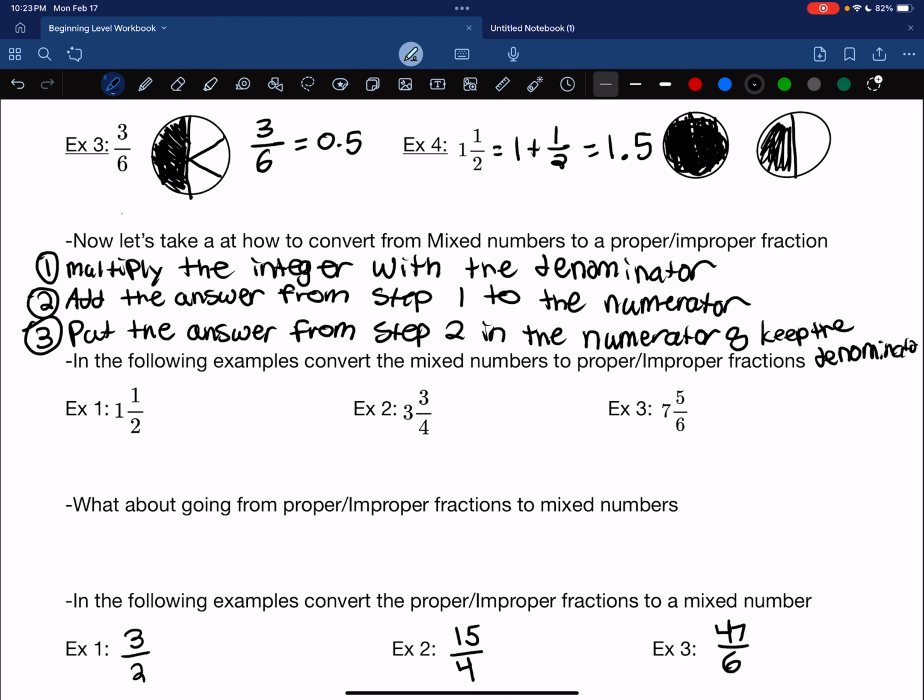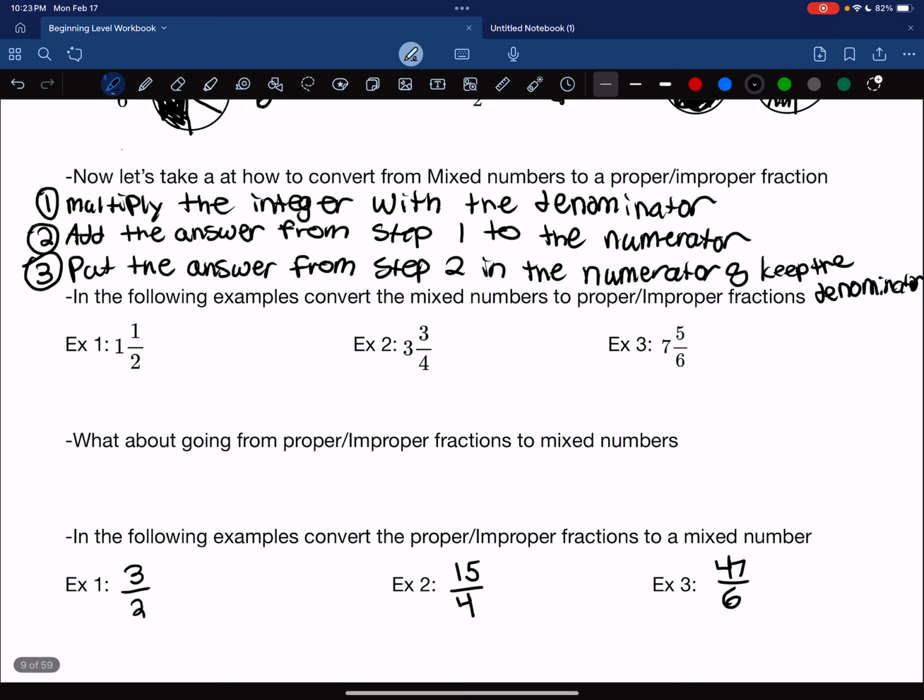Okay. Sorry, I kind of ran out of room there. But with that in mind, let's work through examples 1, 2, and 3.